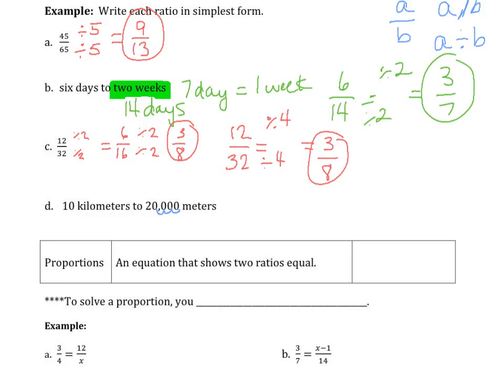So 20,000 meters is actually 20 kilometers. Now that I've got them in the same units, I can write them as a ratio. So 10 kilometers to 20 kilometers, or 1 kilometer to 2 kilometers. All right, I'm going to put my units here. We should probably be putting our units along the way.